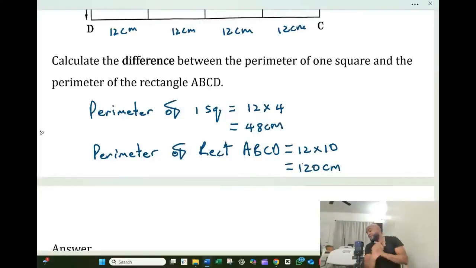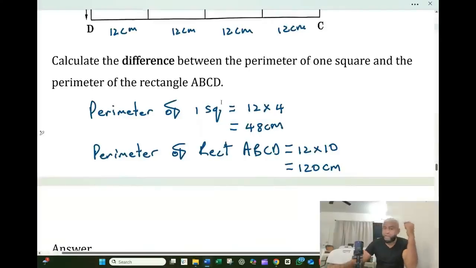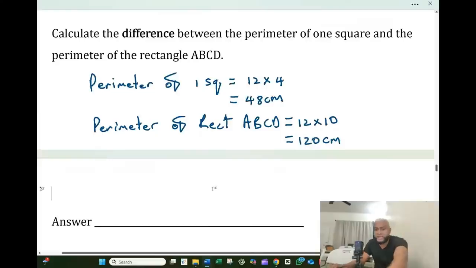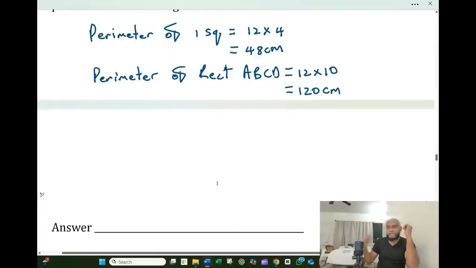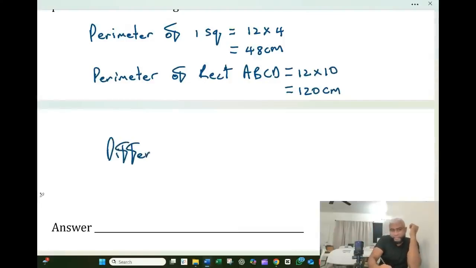Guys, always check to see what the question asks for. The question asks for the difference, so we have to subtract. Obviously it will be the larger perimeter minus the smaller perimeter. So the difference will be equal to 120 minus 48.